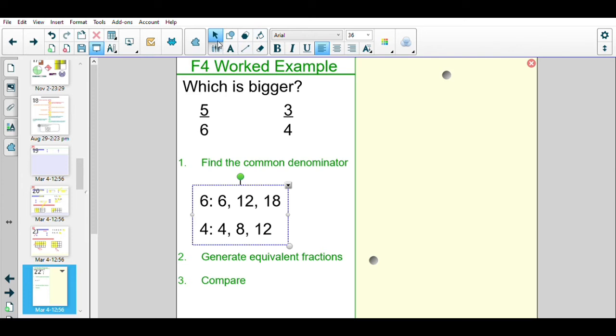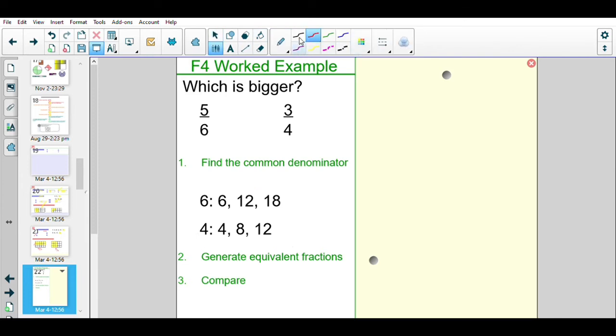I can see that the common denominator is 12. Then I'm going to generate equivalent fractions. We found the common denominator, that is 12, so both of these two fractions are equal to a fraction with a denominator of 12.